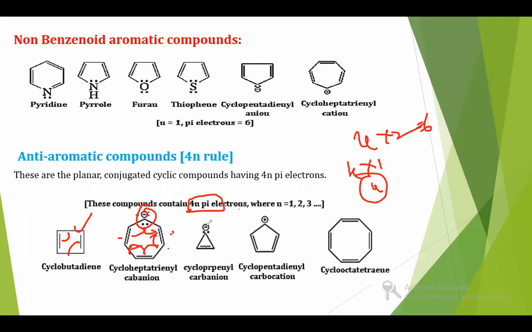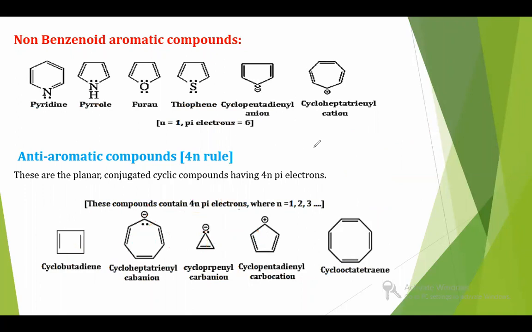Similarly, 1 and 2, 4. Here only one pair of electrons, this is an anion. If this pair of electrons shifts here, we'll have an alternate bond. This double bond means the 4n rule. This will be following the 4n rule.